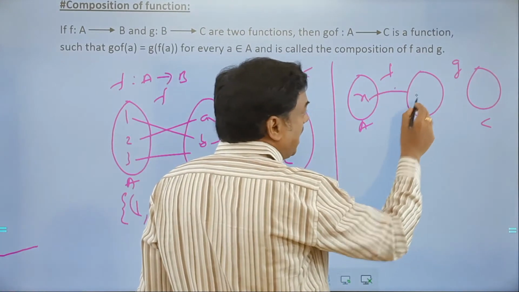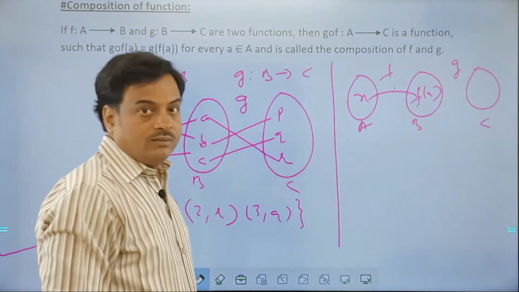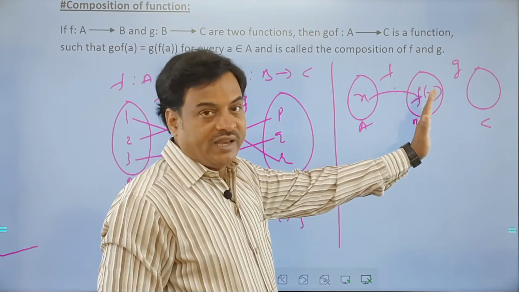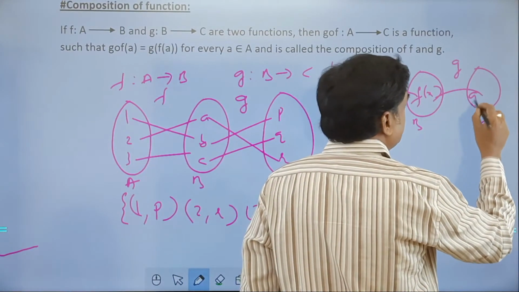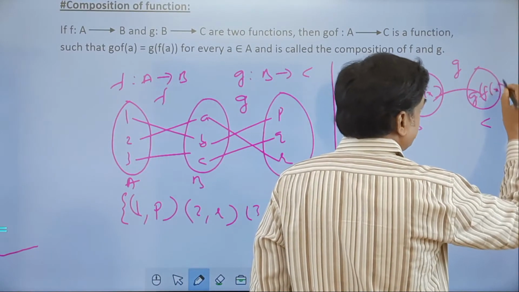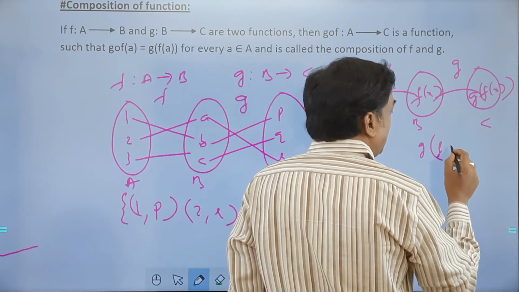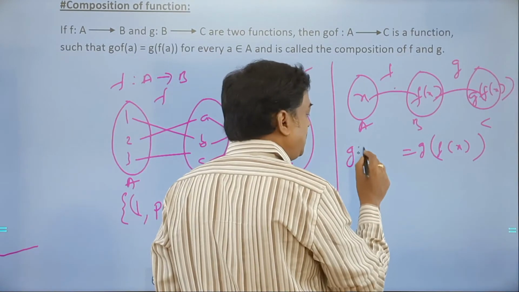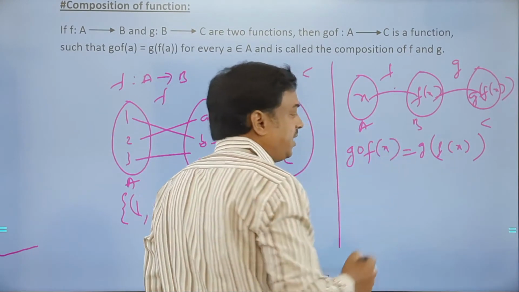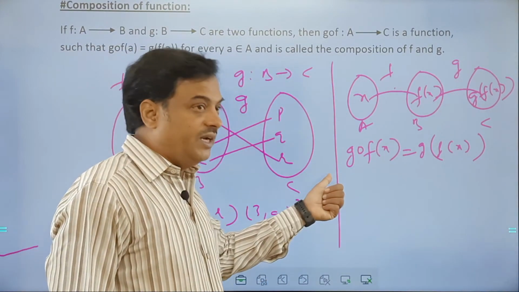Now once you make a mapping between A and B, this is called F of X. X applying function F becomes F of X. And the same thing when you apply G, this becomes G of F of X. And this G of F of X is also called G o F of X. So when you see this, it is read in reverse, you need to check this.